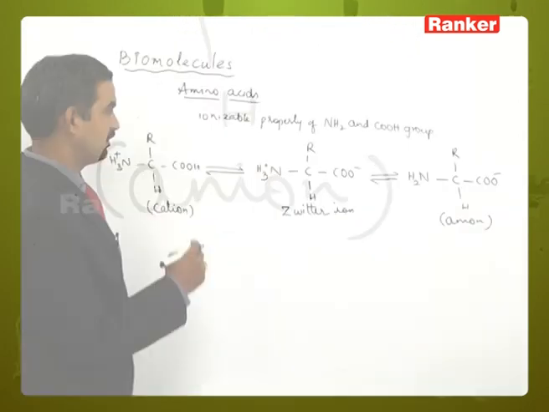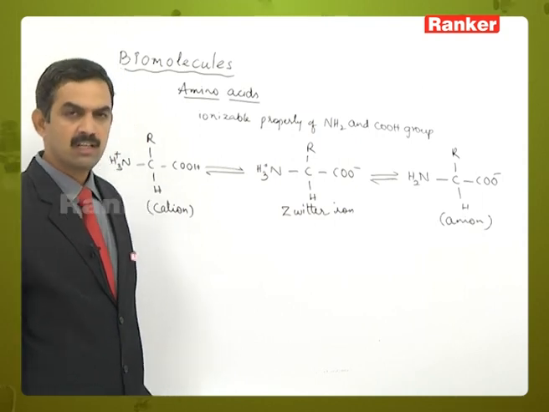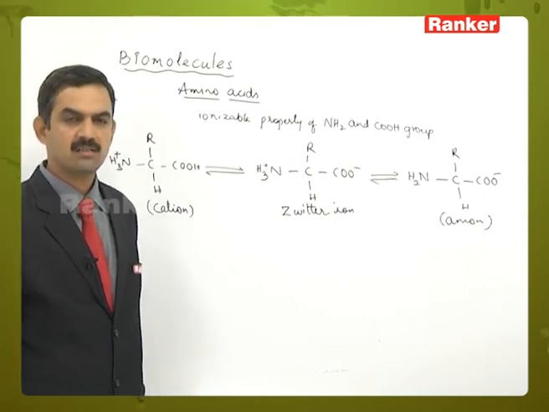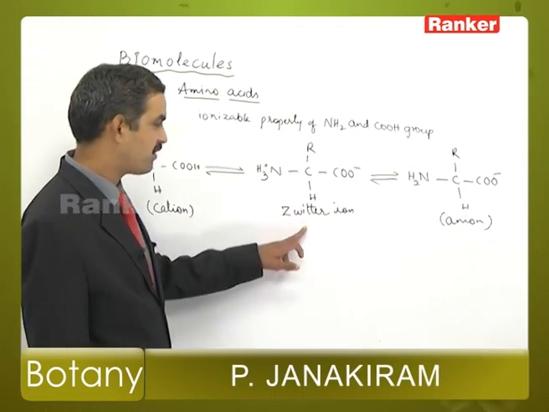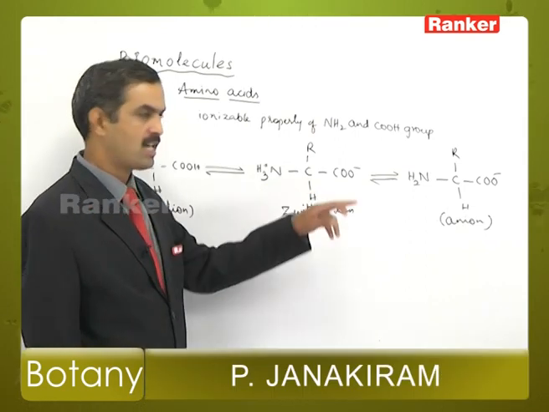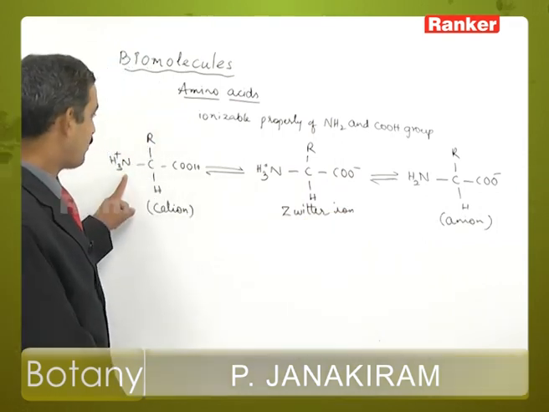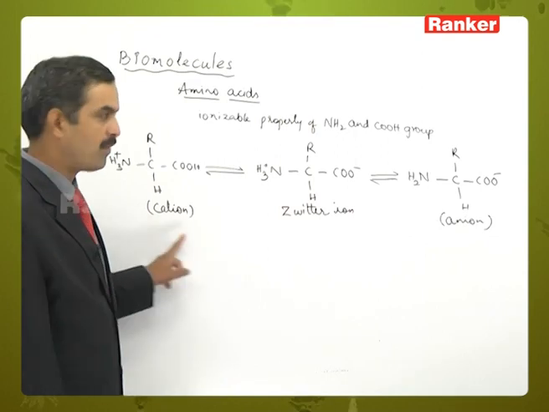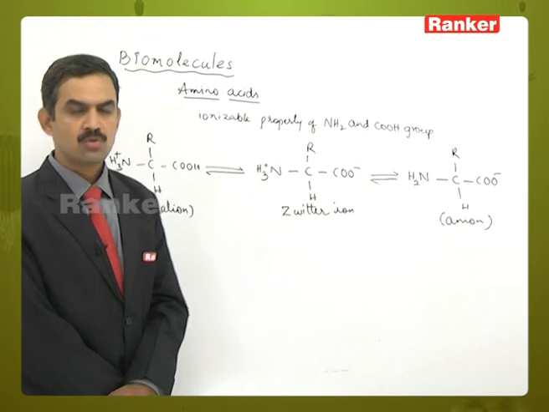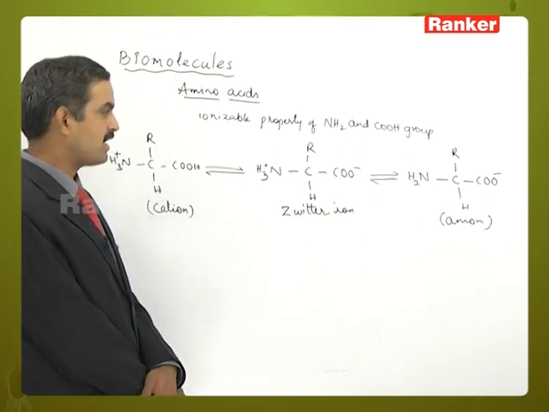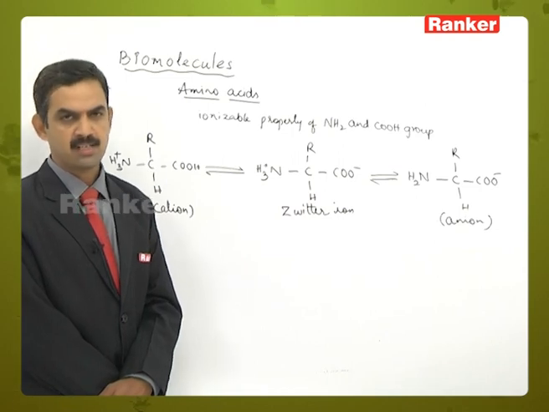So because of the ionizable nature of NH2 and COOH, in different pH the nature of the amino acid changes. The zwitterionic form is where the positive charge and the negative charge both are present on it. Whereas here only the positive charge is present, so it is a cationic form, and here only the negative charge is present, so it is the anionic form. So it exists in different forms based on the pH of the solution in which it is present.